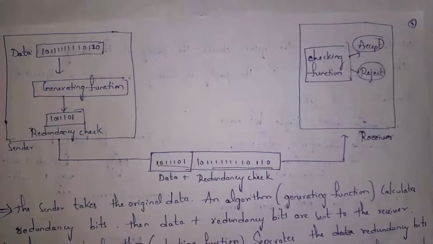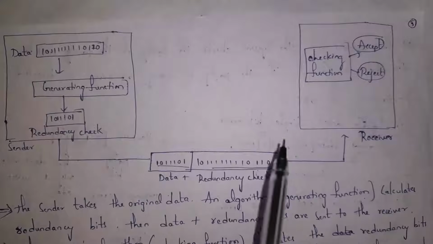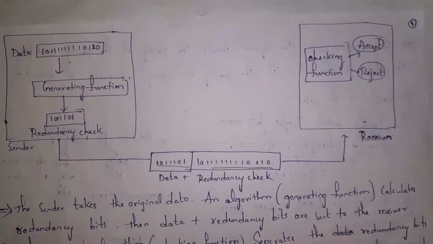By using the extra bits, the checking function will identify whether data is received correctly or not. If data is received correctly, the checking function will accept the data, or else it will reject the data. Redundancy means extra bits added to our data. By using those extra bits, the receiver will identify whether data is received correctly or not.